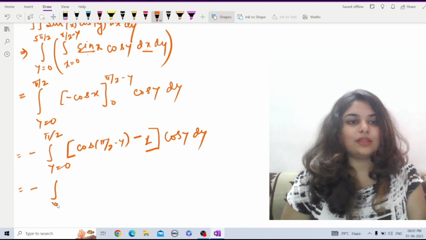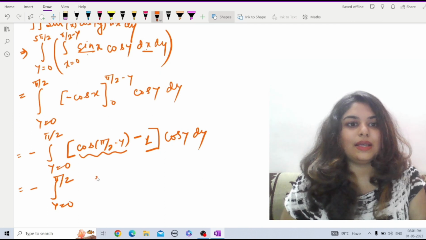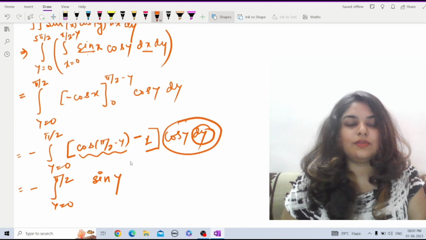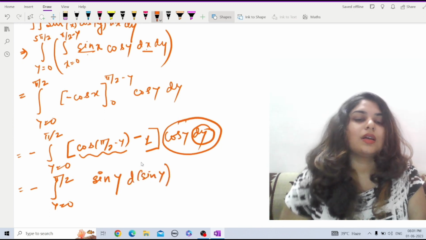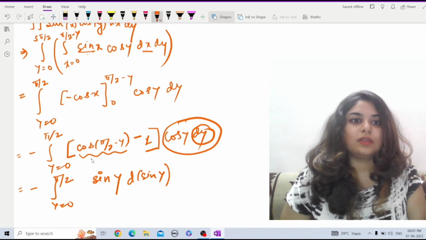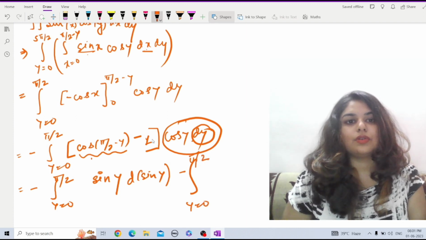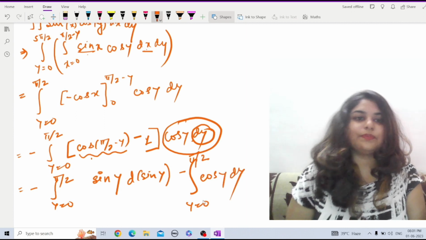This equals minus the integral y from 0 to pi/2 of sin y, and this cos y dy is basically d of sin y, so this into this, minus the integral y from 0 to pi/2 of cos y dy, correct?